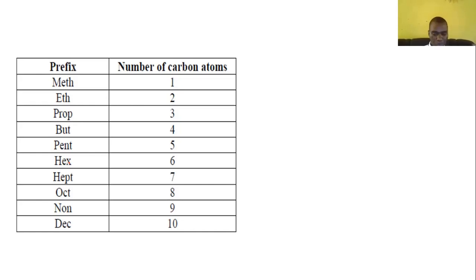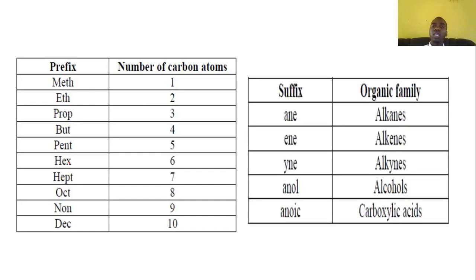Now, just a quick example of a few of the suffixes that are found in organic chemistry. We have ANE, a suffix for a family called alkanes. We've got ENE, a suffix for a family called alkenes. And YNE, a suffix, rather a surname, for a family called alkynes.